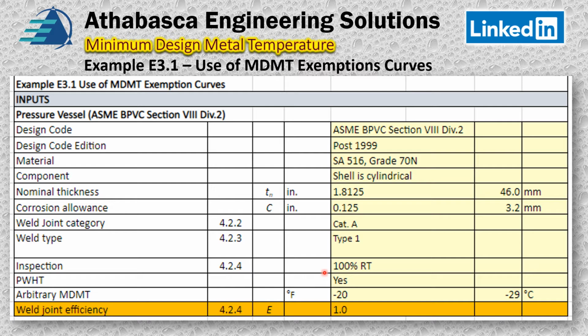The arbitrary MDMT that our client wants us to use is -20°F or -29°C, and that's the target. Because of the rules of 4.2.2, 4.2.3, and 4.4.4, the RT is 100%. Therefore, we can look up in 4.2.4 the efficiency, and it's 1.0.